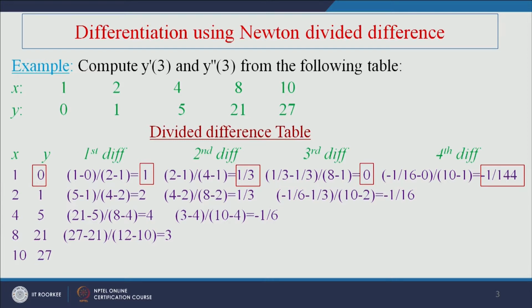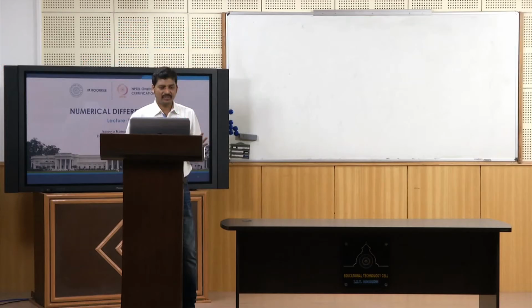If a tabular value is given to us like x equals 1, 2, 4, 8 and 10, and the corresponding y values are given as 0, 1, 5, 21 and 27, how can we compute the derivative of this function y at the point 3, and the double derivative also at that same point? First, we have to go for the divided difference table.